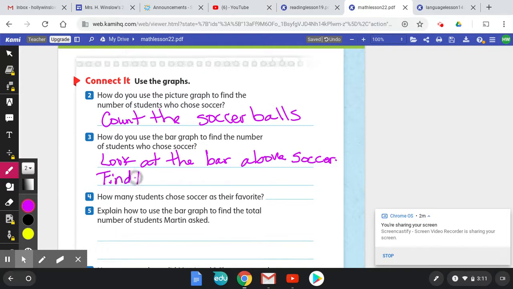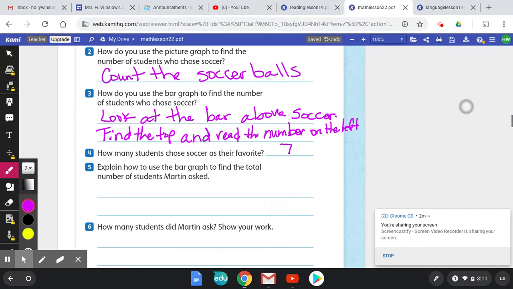Find the top and read the number on the left where it had the numbers listed. How many students chose soccer as their favorite? 7.